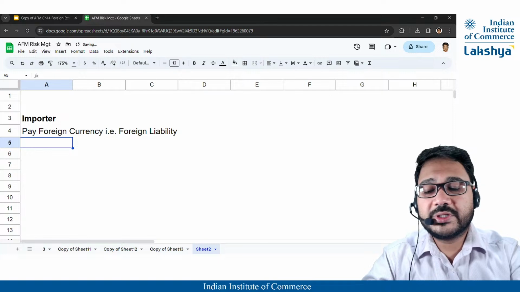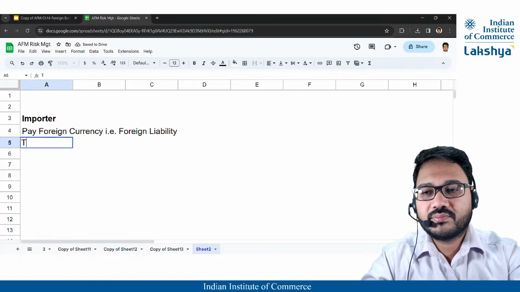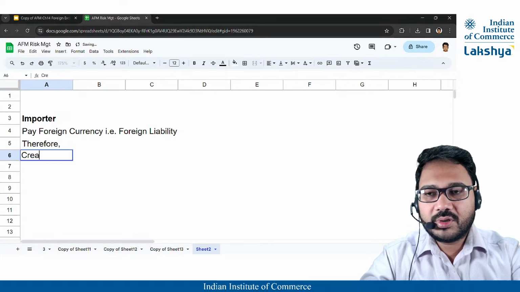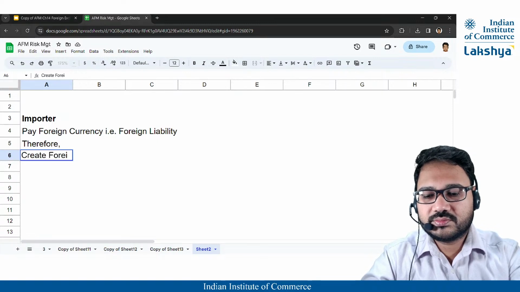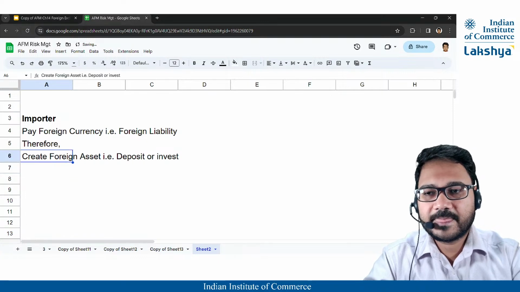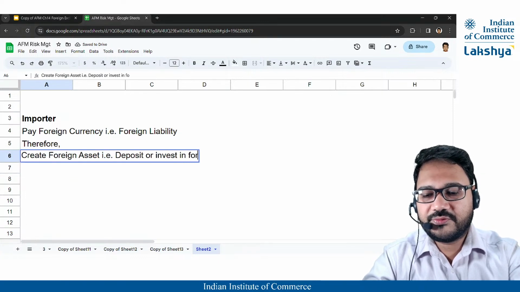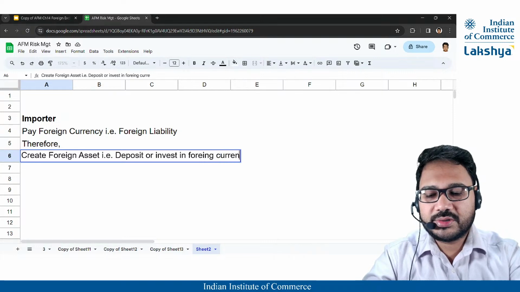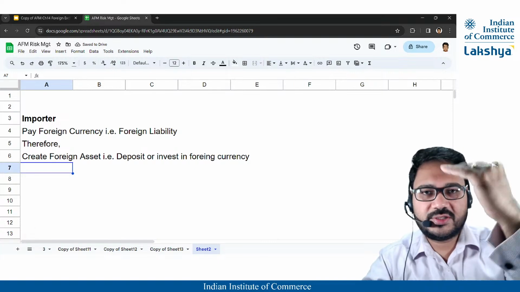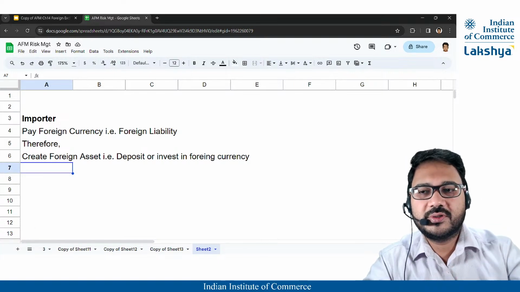So what will you do? You will create a foreign asset. That is deposit or invest in foreign currency. Okay. So that's your thought process that would go.